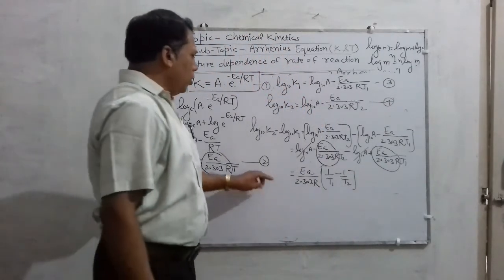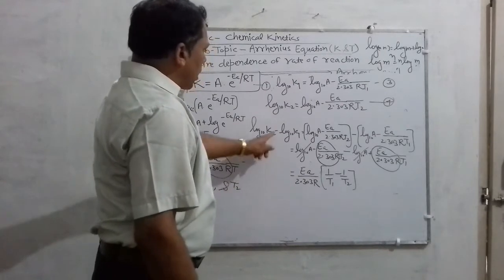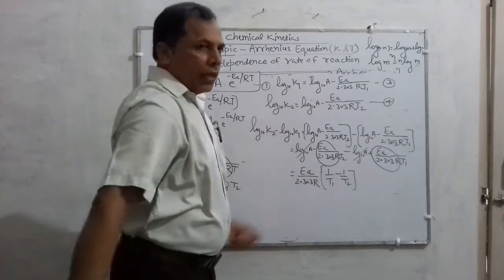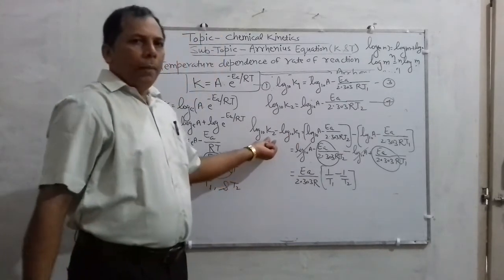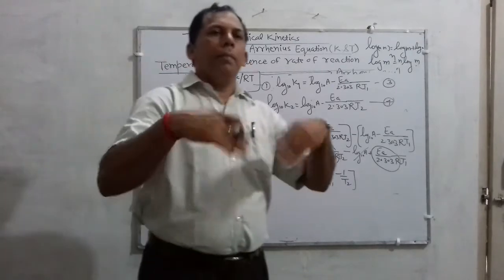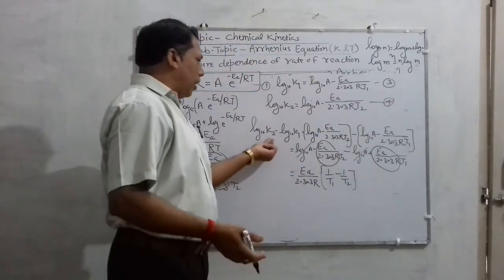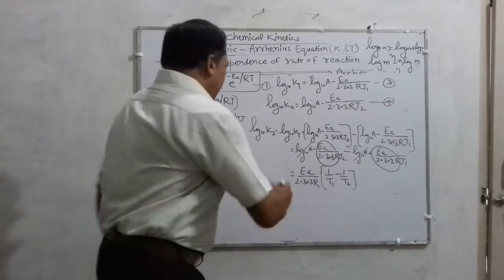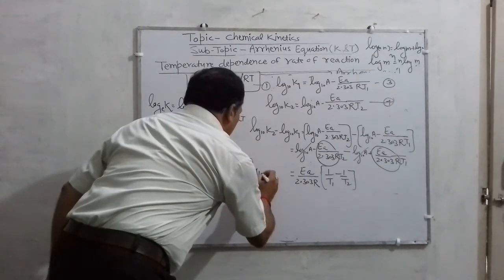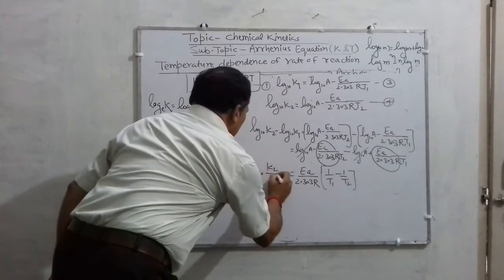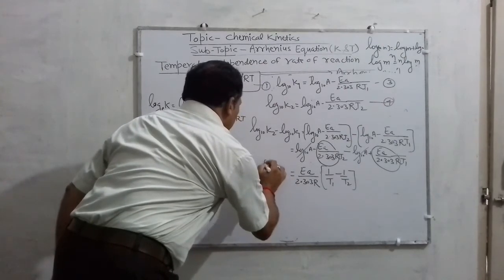Okay, so this becomes log 10 K2 minus log 10 K1, children, and you know log m minus log n is log m by n. So this log 10 K2 minus log 10 K1 may be written as log 10 K2 upon K1.